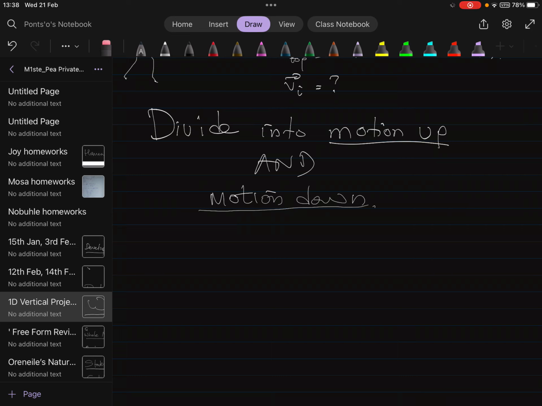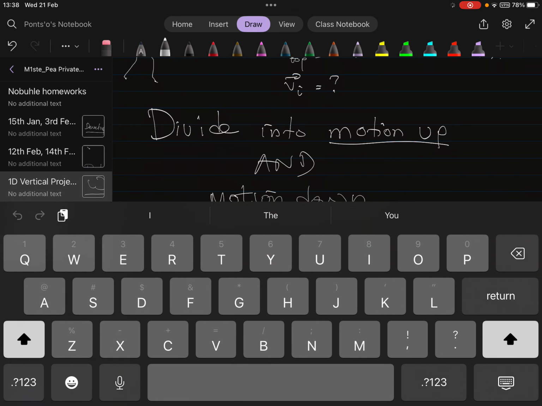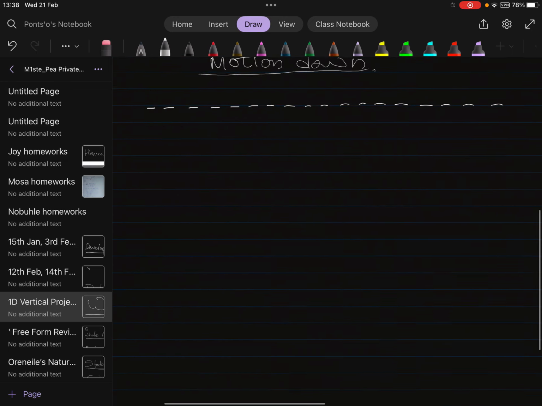So let's look at the problem a little bit different. We'll just draw something that looks like that. So initially our ball gets hit, right?